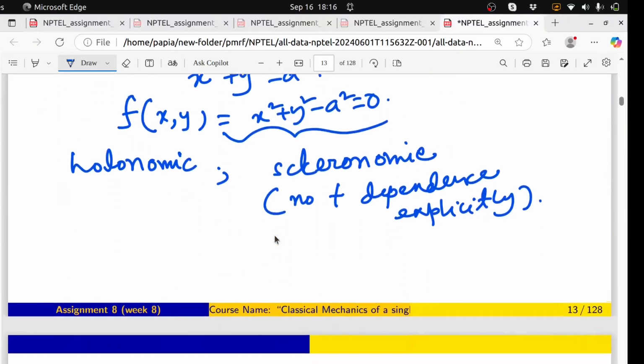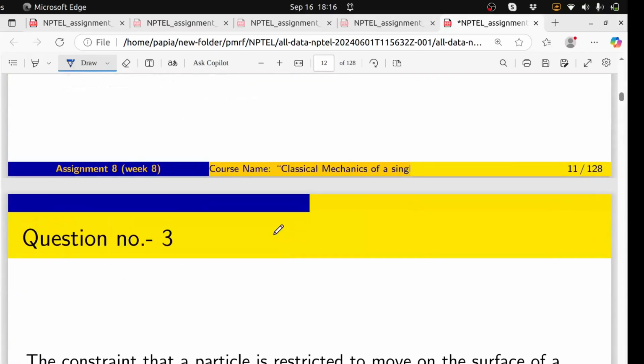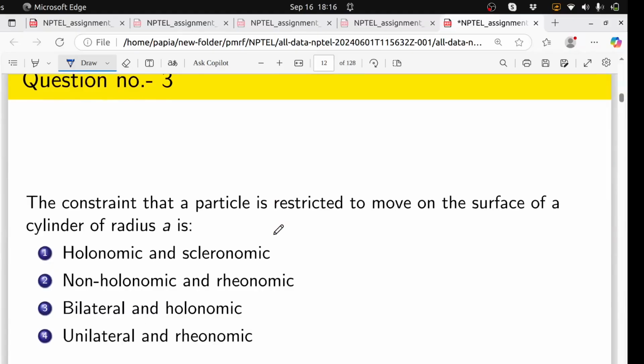So x square plus y square equals a square, meaning the particle is restricted to move on the surface of a cylinder of radius a, is holonomic and scleronomic. And obviously non-holonomic and rheonomic is not there, bilateral holonomic is not there, rheonomic is not there. So the actual answer will be holonomic and scleronomic.